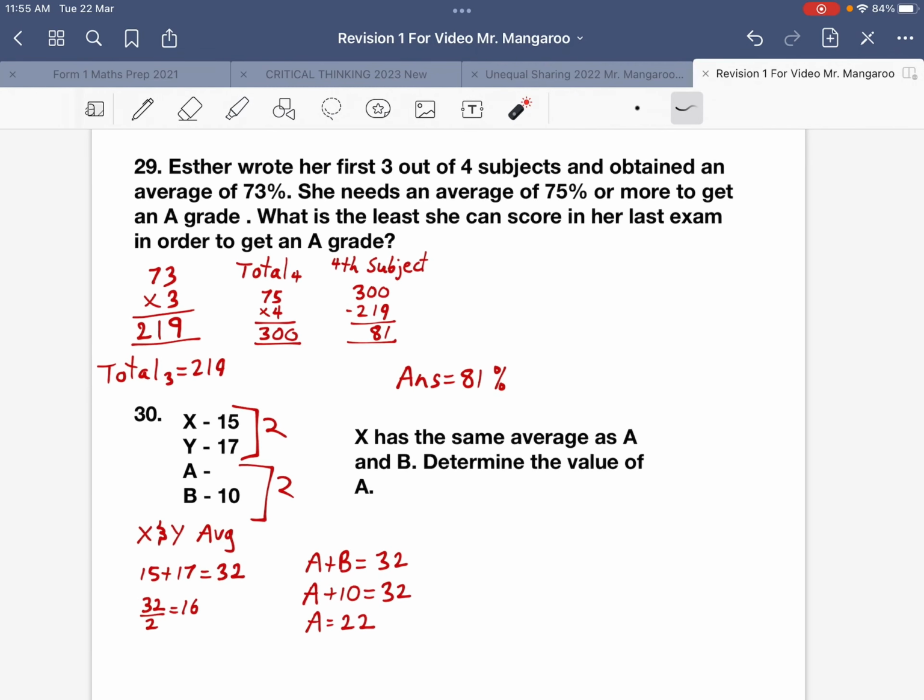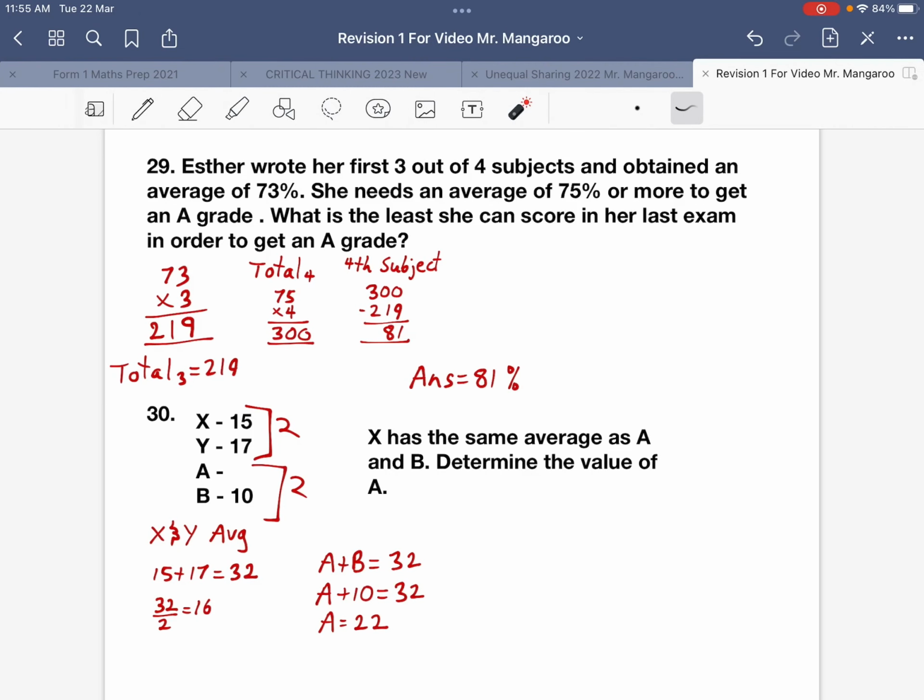29. Esther wrote her first 3 out of 4 subjects and obtained an average of 73%. She needs an average of 75% or more to get an A grade. What is the least she can score in her last exam?